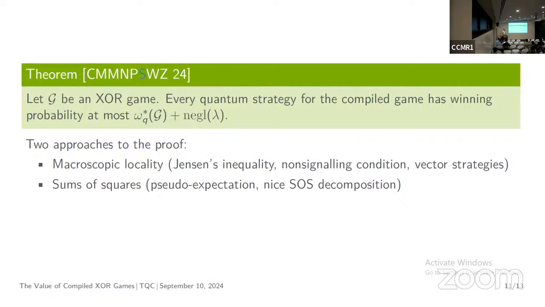So what one can do is find some nice SOS decomposition, then define some pseudo expectation and show that it has some nice properties. Both of them are basically in the same picture, just looked at in a different way.